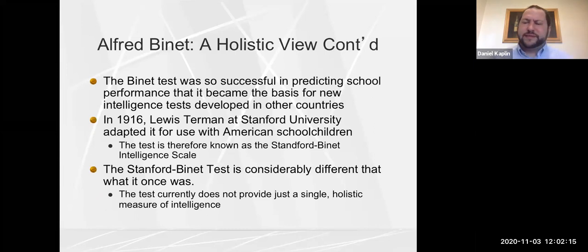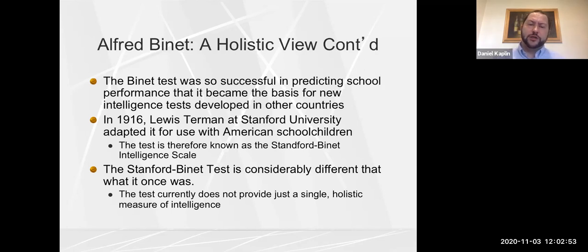And this test was highly successful at doing its job, and it became predictive of school performance. And it started to gain attention outside of France. And it actually went to 2 places. It went to Ellis Island, and there was the use of Binet's test to screen out immigrants at the turn of the last century. But it also went to Stanford University.